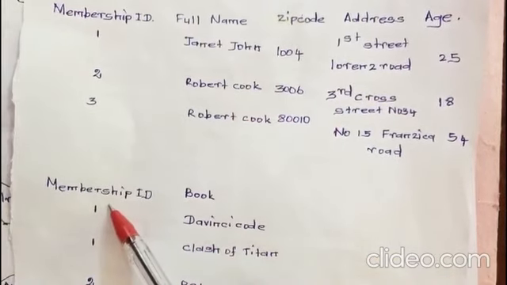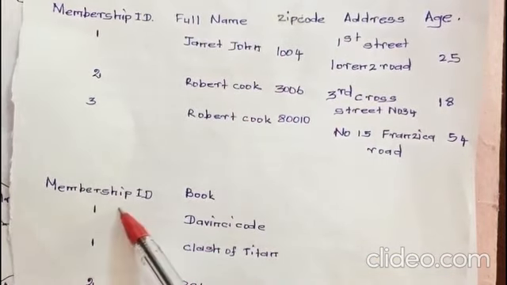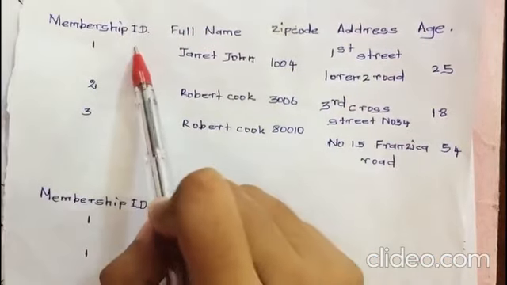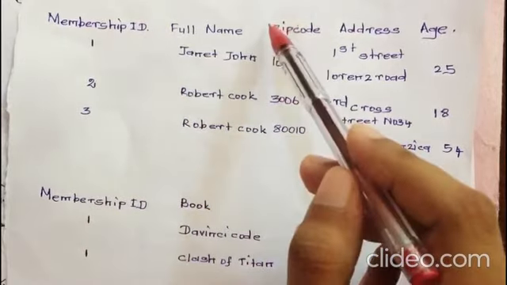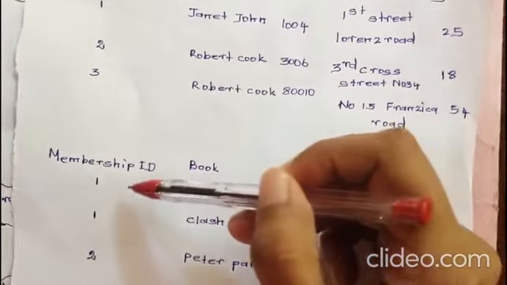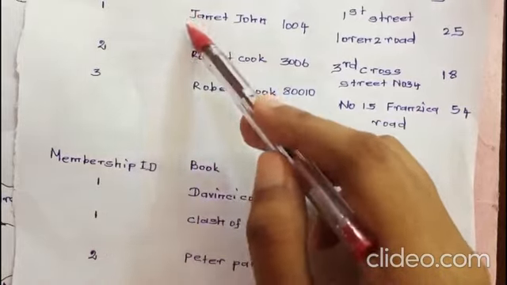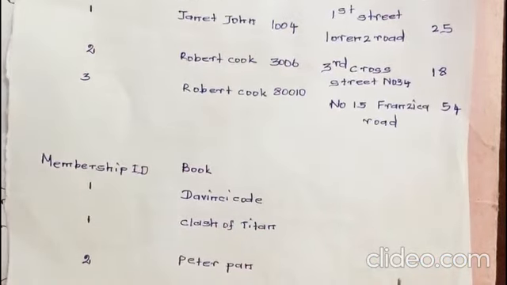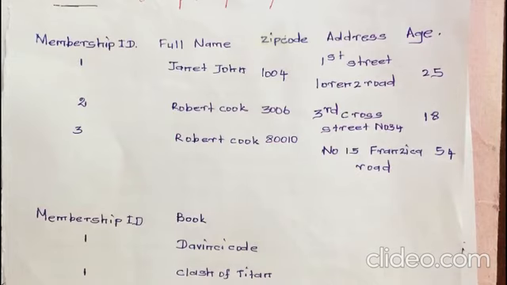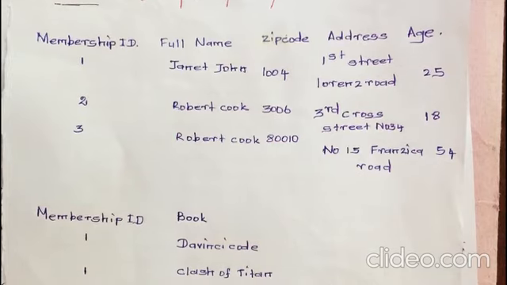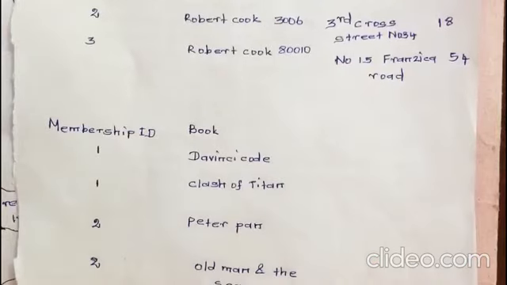So here this membership ID in this table is a foreign key, and this membership ID is a primary key. This is a parent table, and this membership ID is used to refer to the parent table, which is known as a foreign key. After this, we get two tables, and we have come to the second normalized form, which is one primary key attribute is available in the database tables.